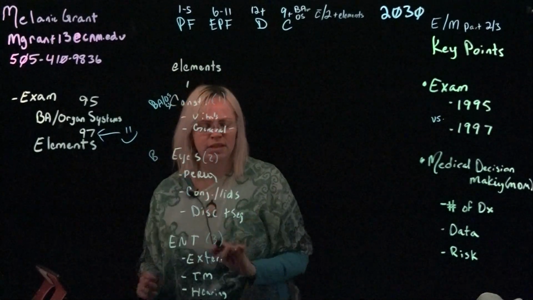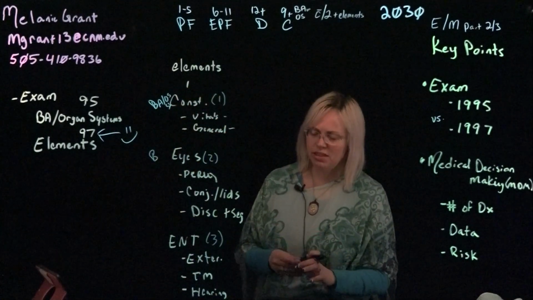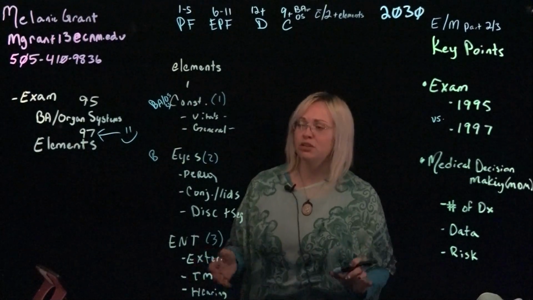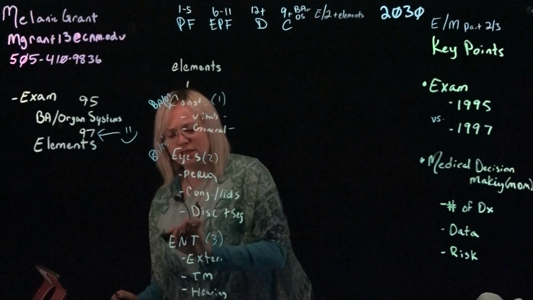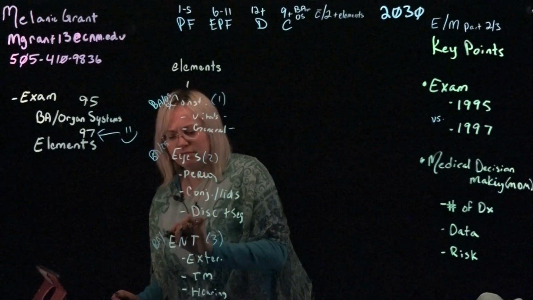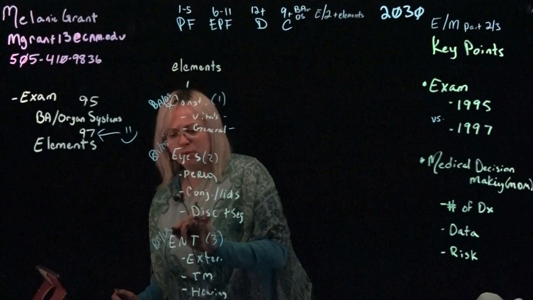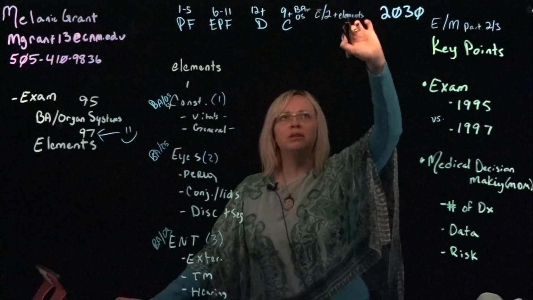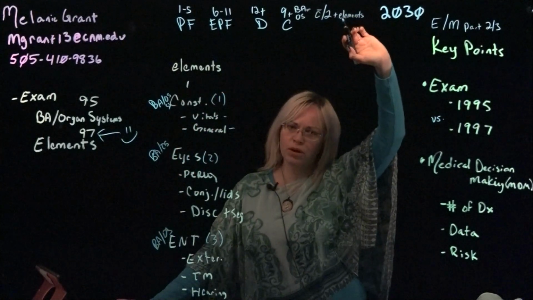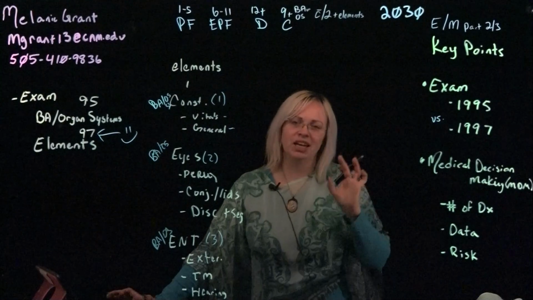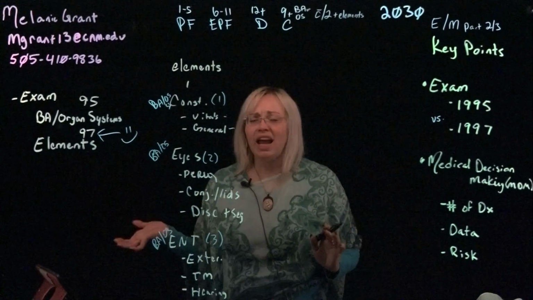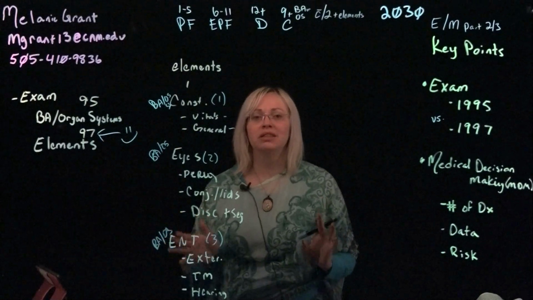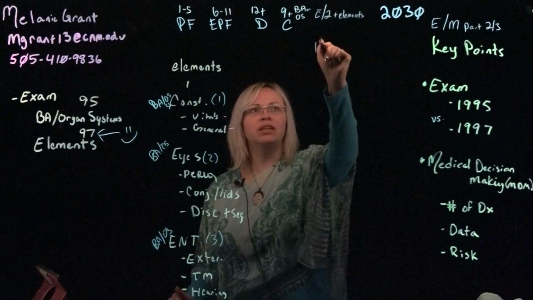In my reference, if you pulled up the 2-page one from CMS or Novitas, you can use that as well. But just note that body areas and organ systems versus elements. And this is important again when we get to the body areas and organ systems for a comprehensive exam. It's very important that you can identify that because you may have 18 plus elements. Let's say that you do 18 plus elements.